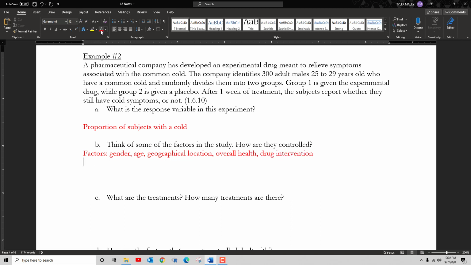Some fixed factors could be gender, age, location. These aren't changing factors. And some factors we might want to set at predetermined levels would be the drug intervention.